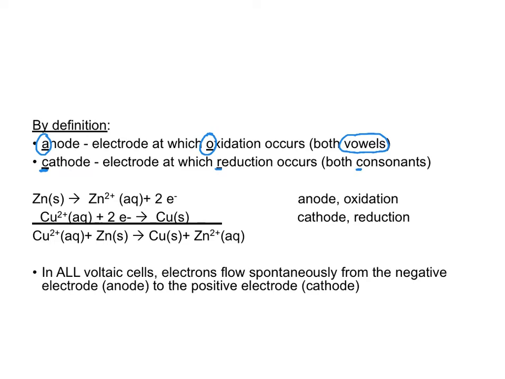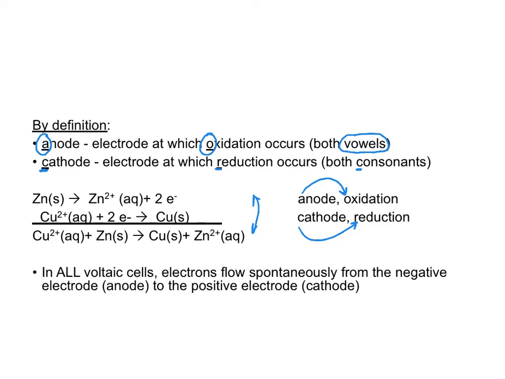If you're learning it for the first time, this is a good way to get started. I copied and pasted in the equation from the previous slide, and I've labeled the anode as oxidation and the cathode as reduction. It is really important to know these things before we get deeper into the chapter, because deeper in the chapter gives us a much heavier amount to learn.